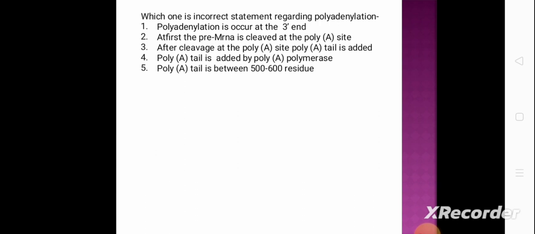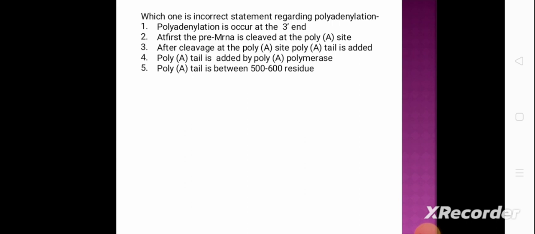Next question. Which one is the incorrect statement regarding polyadenylation? Option 1, polyadenylation occurs at the 3' end. Option 2, at first the pre-mRNA is cleaved at the poly-A site for the polyadenylation signal to begin.